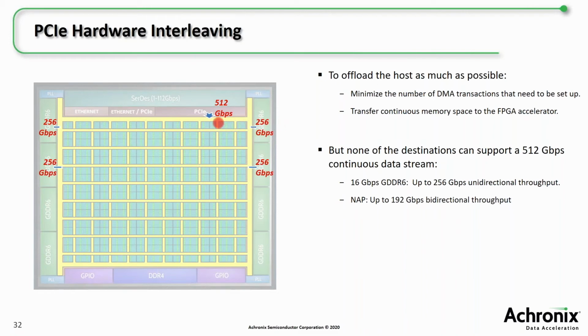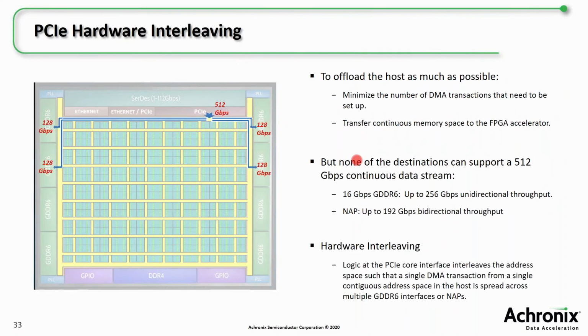So there's not enough throughput here. What we have done is implemented hardware interleaving of the address space for you. So from the host's point of view, it's issuing a single DMA transaction that's transferring a single contiguous block of memory to the FPGA. But the hardware interleaving block that we have here divides this into multiple data streams that are spread across multiple GDDR6 interfaces. This way, we're able to accept the complete 512 gigabit per second of bandwidth into the FPGA and the associated external memory interfaces.